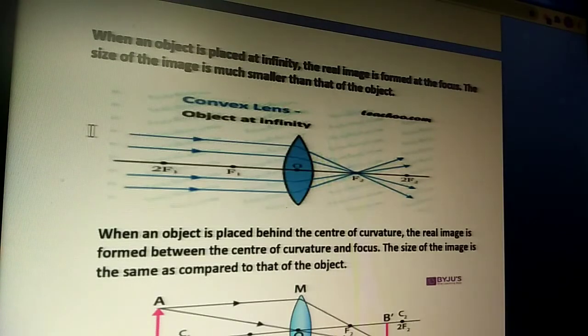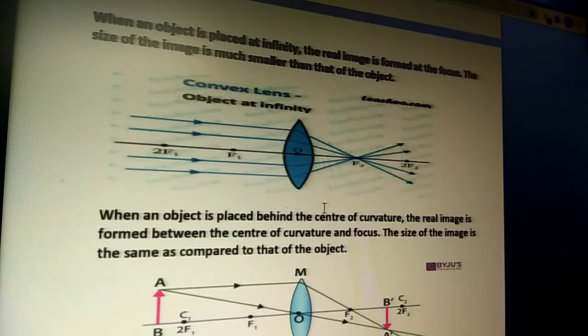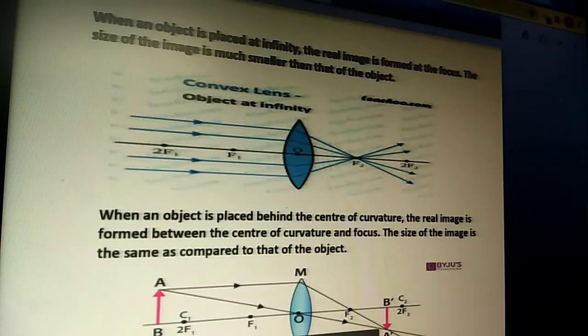So this is a diminished, highly diminished real image that will be formed. In a converging lens, rays parallel to the principal axis coming from an infinite object form the image at the focal point: it converges at the focal point, real, inverted, diminished.